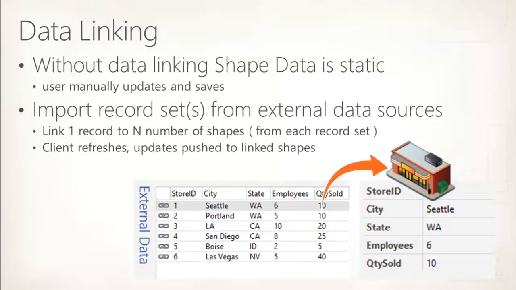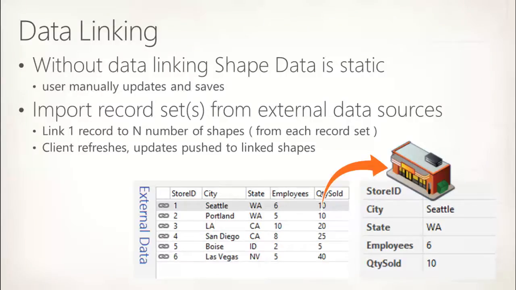On top of that, n number of records from those data sources can be linked to a shape. So if we've got 4 or 5 different data sources, maybe something coming out of Excel services, maybe something else out of a SharePoint list, maybe something else out of BCS, we can take records from each one of those and link them to a single shape on the diagram. Maybe you want to pull some of those different properties together into one view of your shape. We've got different data coming from different sources for our store: sales data, employee data, this sort of stuff.